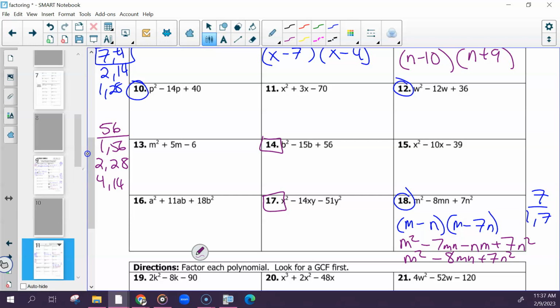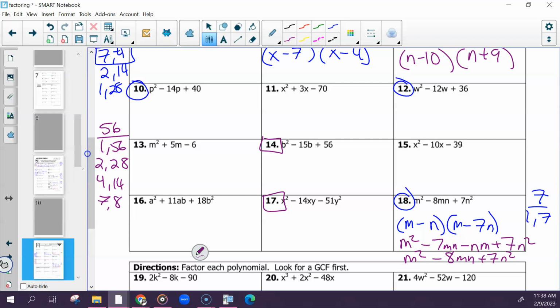Keep going. 5 wouldn't work. What about 6? And then is 56 divisible by 6? No. Okay. And then 7? 7. If I were to add those together, would we get 15? Yes.